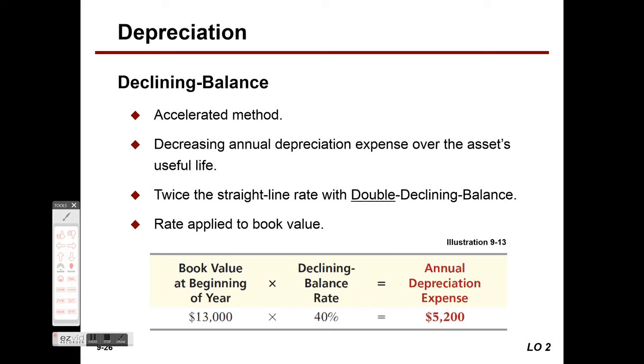So the declining balance method comes in several forms. The one we'll be responsible for is the double declining balance method, which is based on 200% of the straight line rate. All right, so you may recall the straight line rate was 20% because it was a 5-year asset. So our formula here, and this time another difference to keep in mind, we depreciate based on cost.